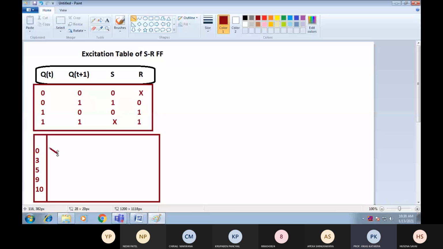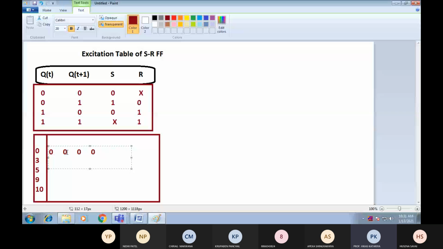0, 0, 1, 1. That is the binary representation of value 3. Now decimal value 5, 0, 1, 0, 1. That is the binary representation of decimal value 5.